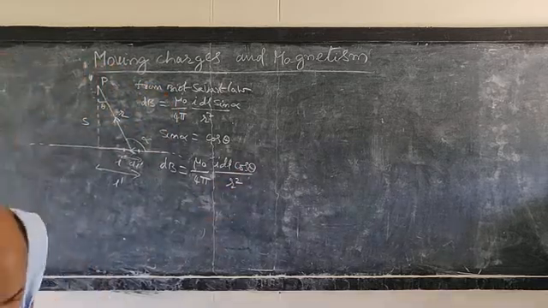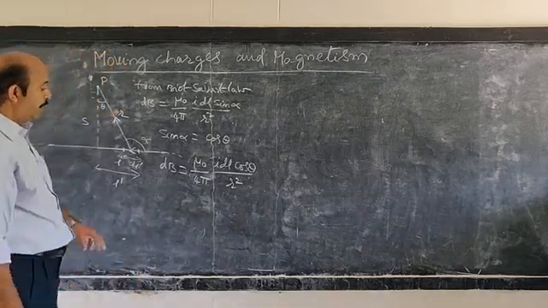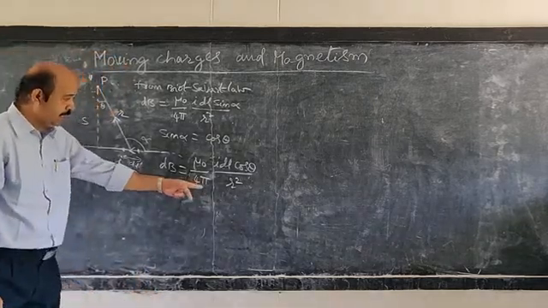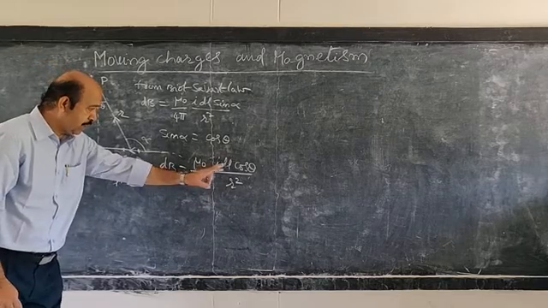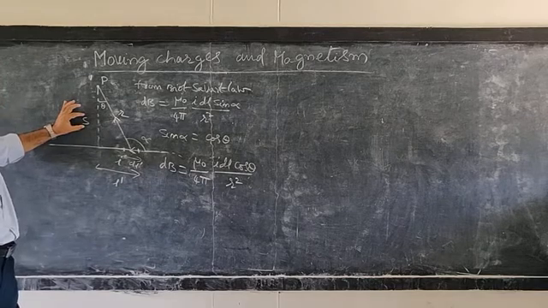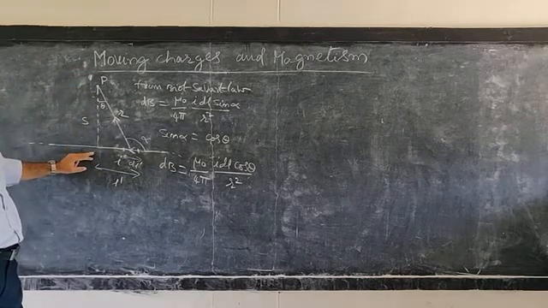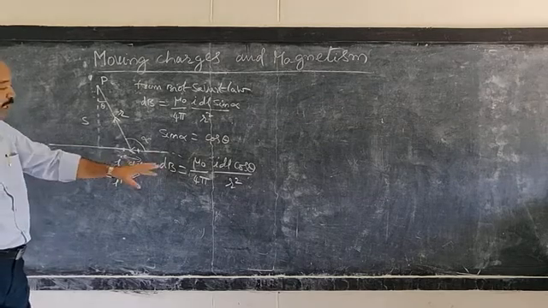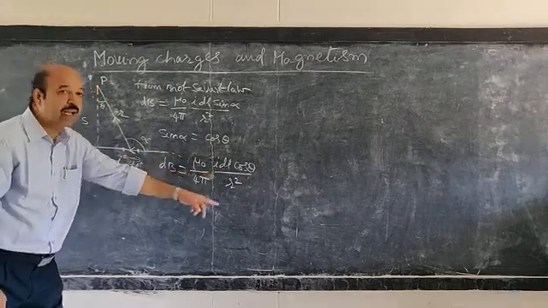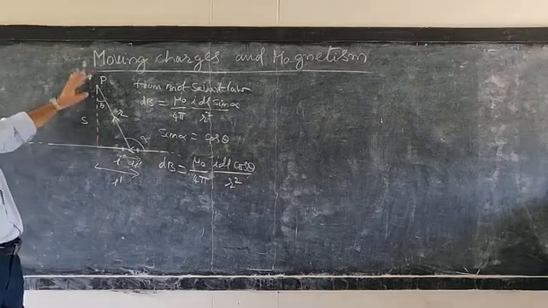Now, our aim is to express dl and r square in terms of the perpendicular distance of the point from the current carrying straight conductor. So we can change the terms dl and r square and express them in terms of this perpendicular distance.